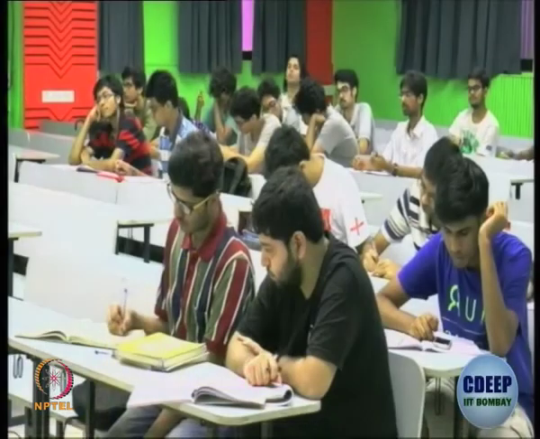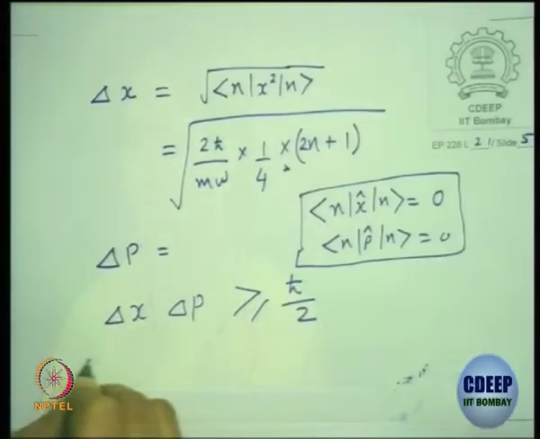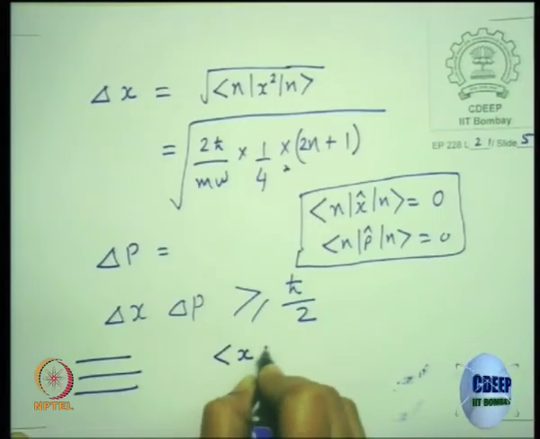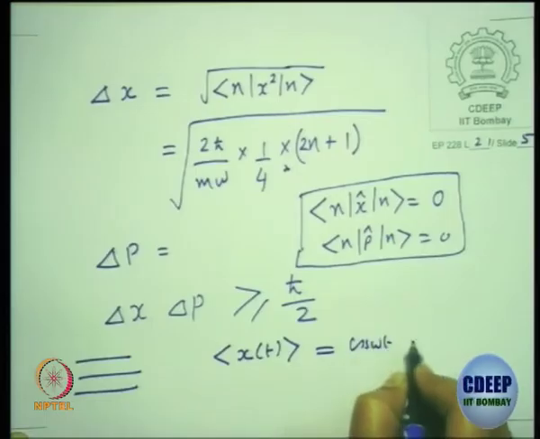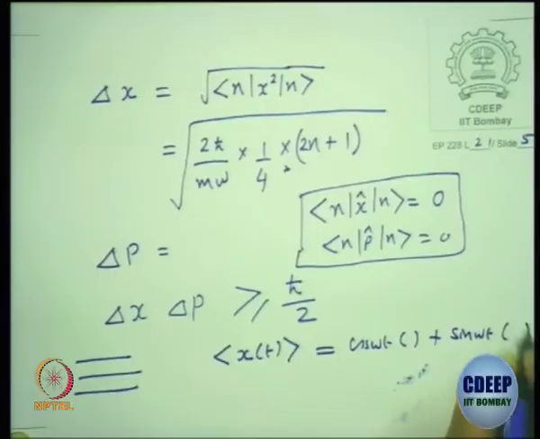If you want to look for oscillations, want to see your classical oscillations, you need to be in a superposed state. I said this, right? At some point, you have to be in a superposed state of a number of states or 2 states. Then only you start seeing that the expectation value as a function of time is cos omega t times something plus sin omega t times something.